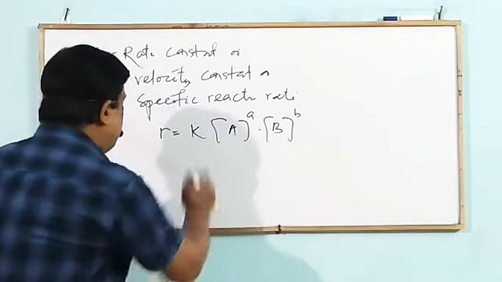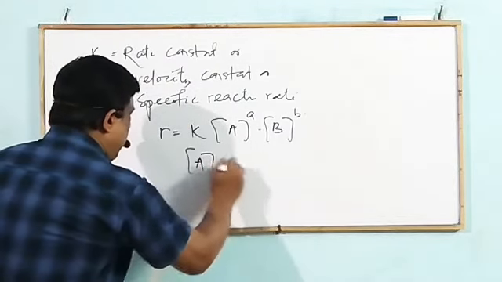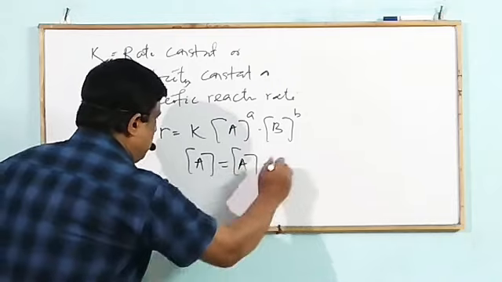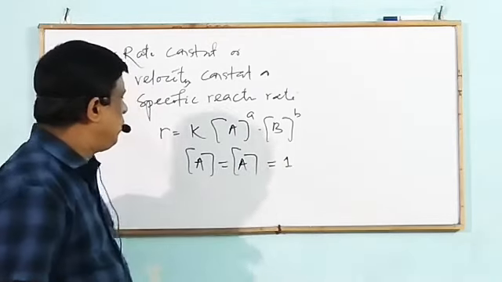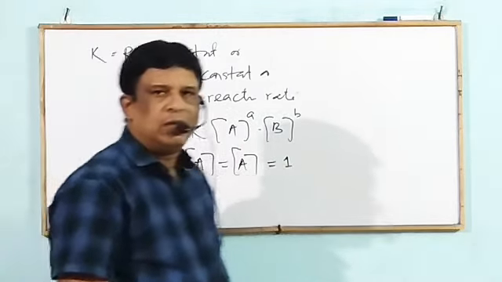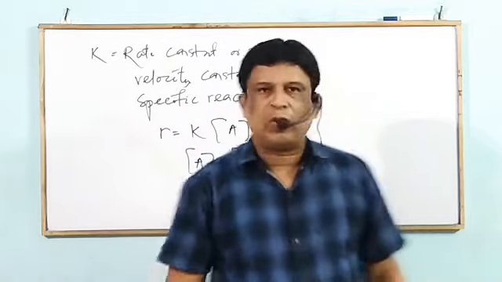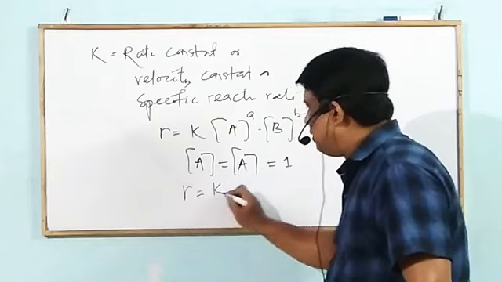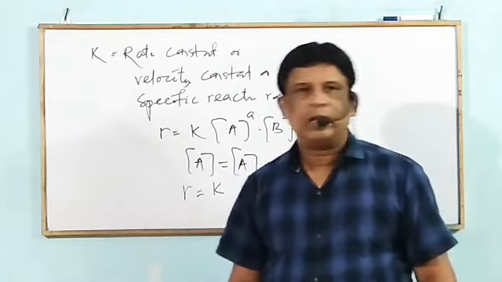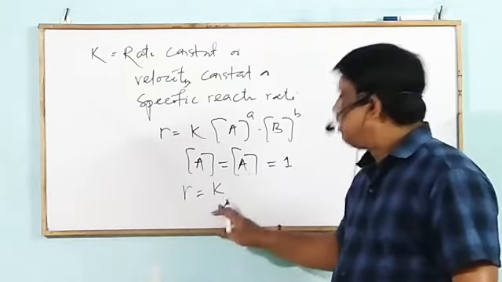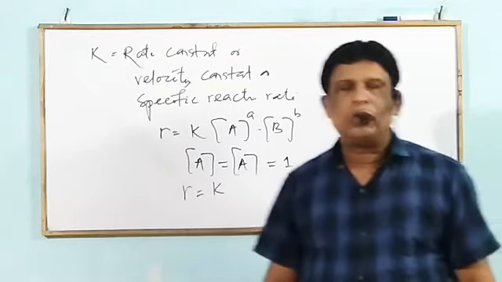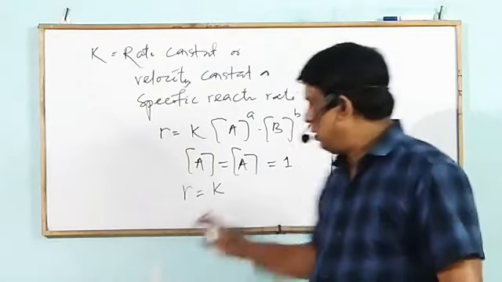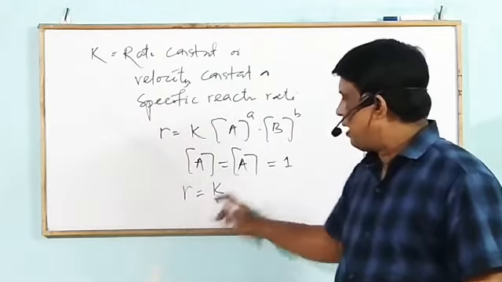So when the molar concentration of A is equal to the molar concentration of B, equal to unity, when the molar concentration of all reactant species is unity, then R = k. Hence, from this mathematical expression, one is able to define the velocity constant or rate constant.